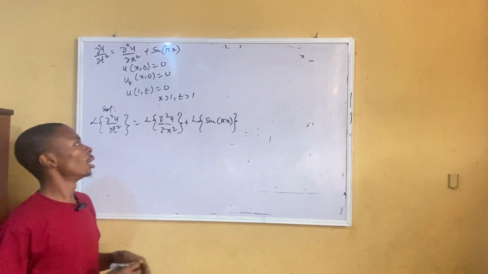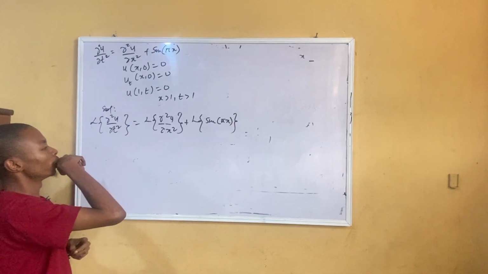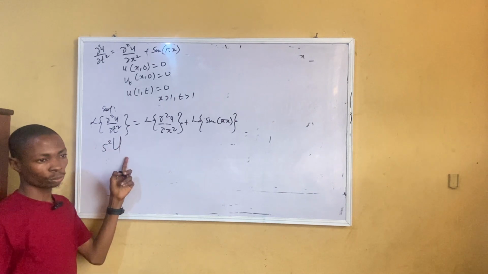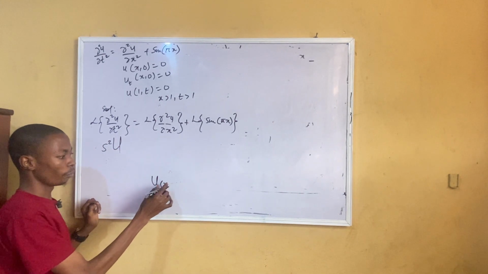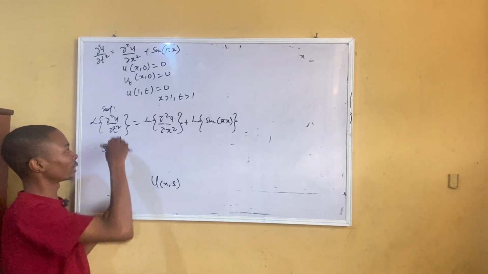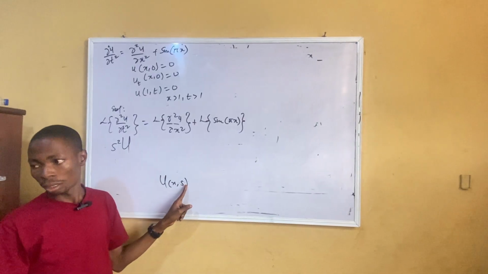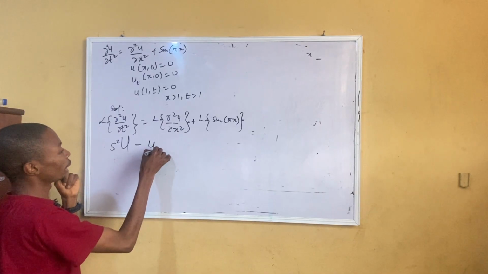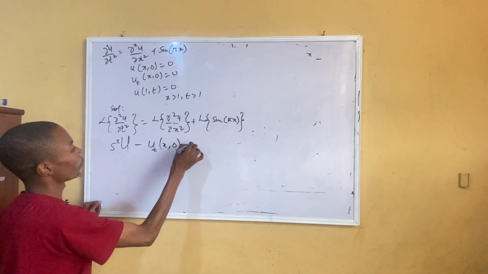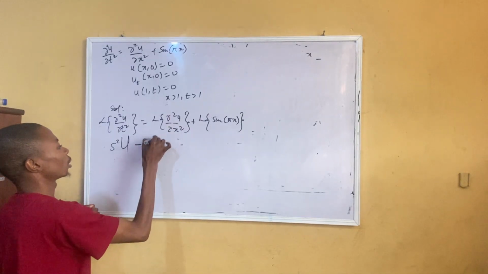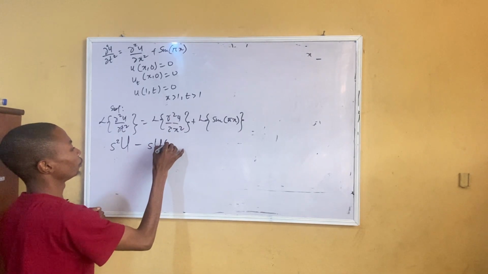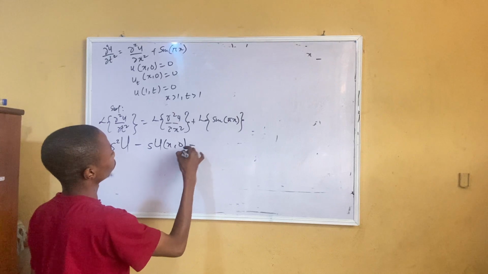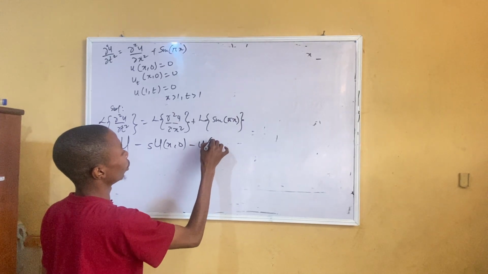So if you take the Laplace transform of d squared u dt squared, that is s squared U of x and s, because the Laplace transform with respect to time changes it to a function of s, minus s times u of x comma 0, minus u_t of x comma 0.